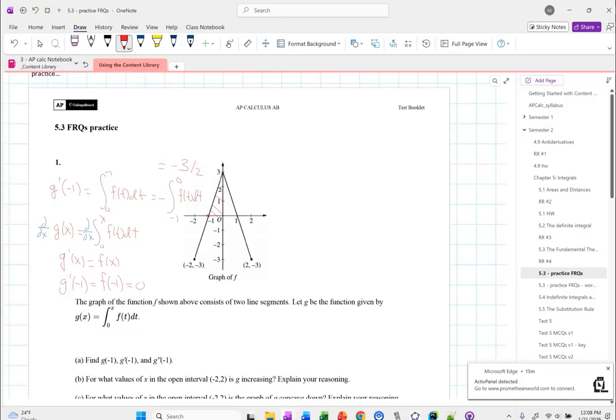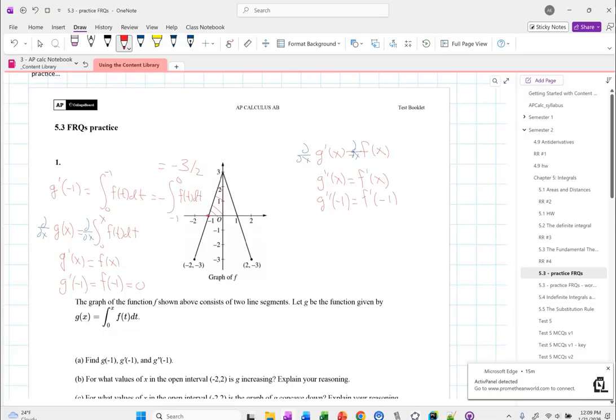And now if I want to talk about g double prime, well, I know this. If I want the double prime, we'll again just take the derivative of both sides. Okay there? So if I plug -1 in, what's f prime of -1 mean?